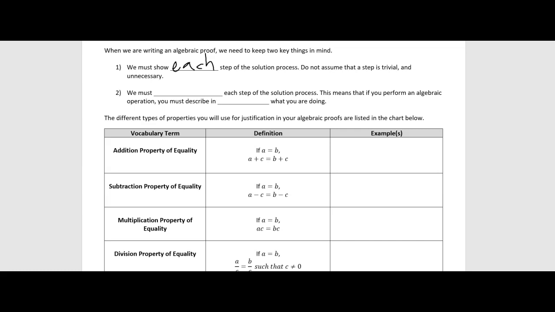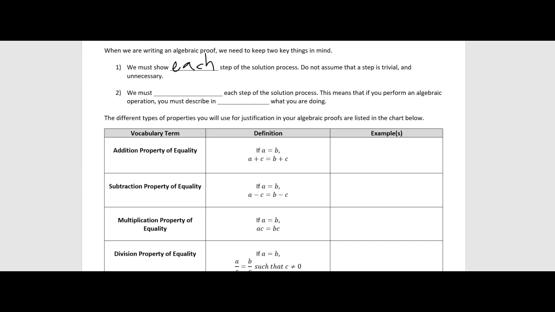Pretend you're writing it for an elementary schooler who needs to see every step to have a chance at understanding. You're not writing it for a teacher, right? You're not writing it assuming that the person knows how to do it. You're writing it assuming the person doesn't know how to do it, and you're the first one to show them how. So your work has to be clear, it's got to be concise, and it's got to be organized.